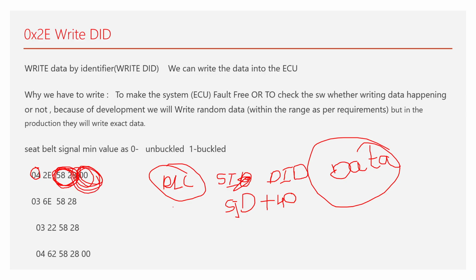From this data I gave, 00, what output do I expect? I expect DLC 3, and the service ID plus 40. The output will be the service ID and the DID.